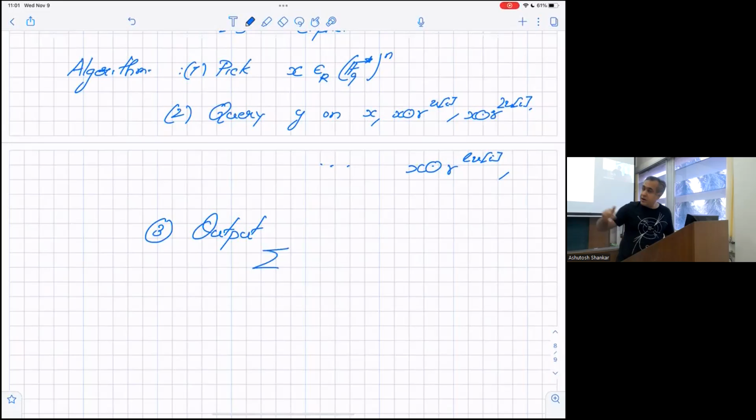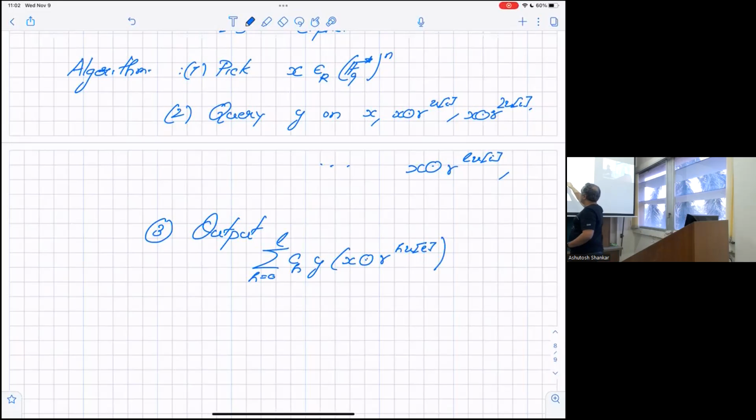I'm going to take a particular linear combination of these guys. What is the linear combination I'm going to take? I take the sum over h from 0 to L of c_h y of x·γ^h u_i. So I'll take this linear combination.